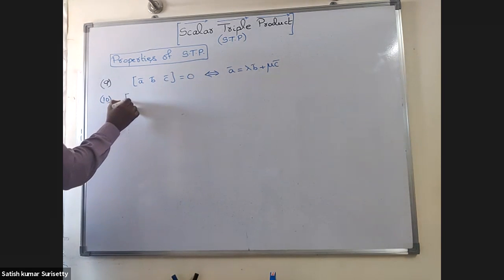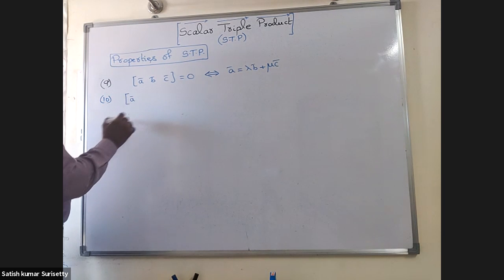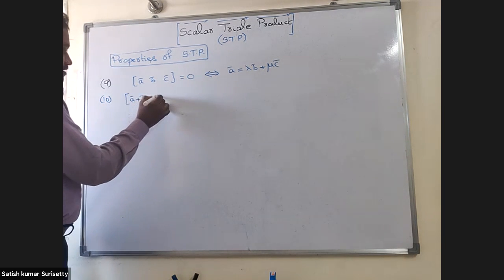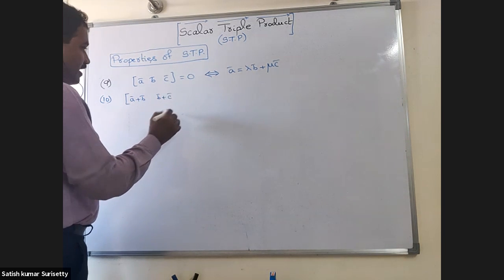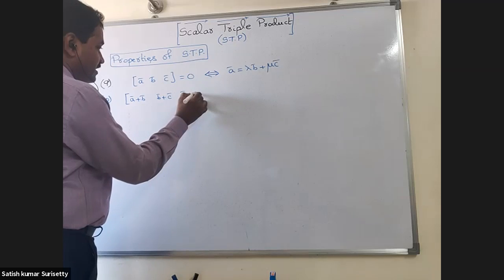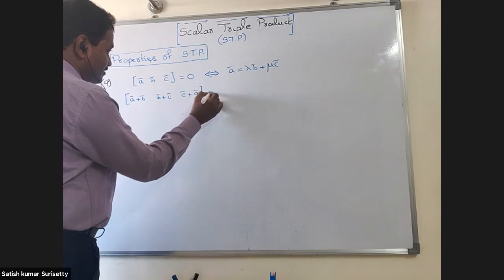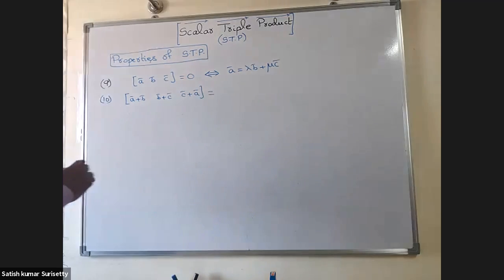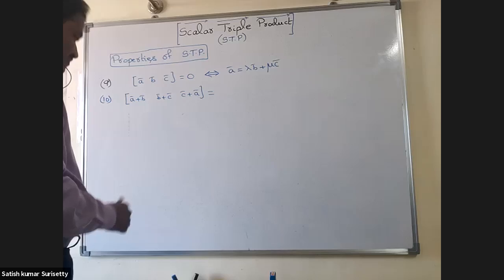Next, the scalar triple product of A bar plus B bar, B bar plus C bar, C bar plus A bar equal to, what could be this? Not 0, that is wrong.